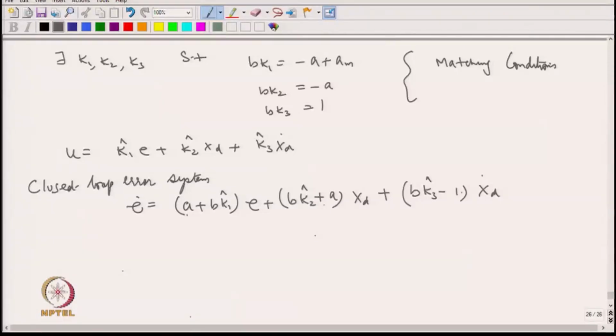Because we want to combine B K1 hat with this term, we choose the matching condition to replace A by AM minus BK1. So, this is AM minus BK1, obtained from matching condition 1.